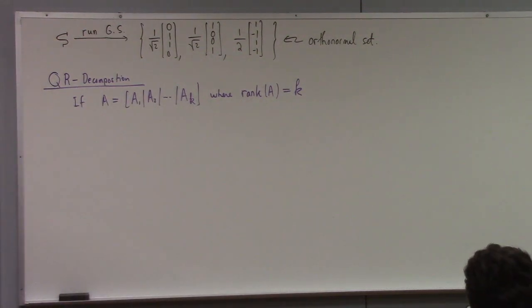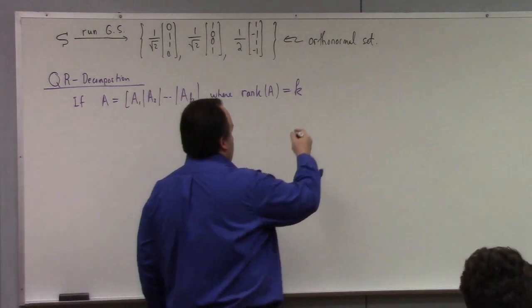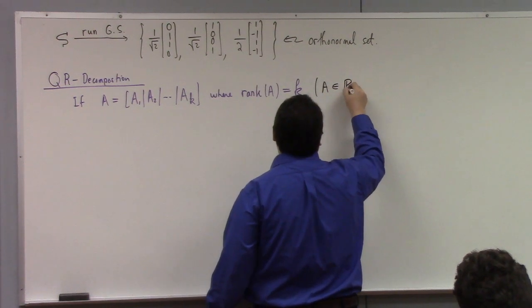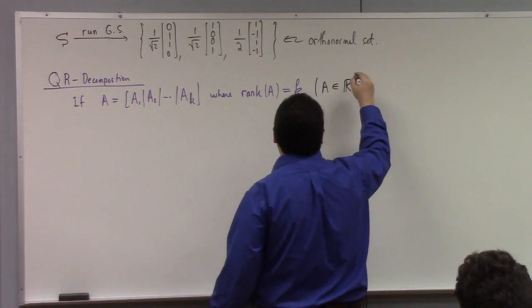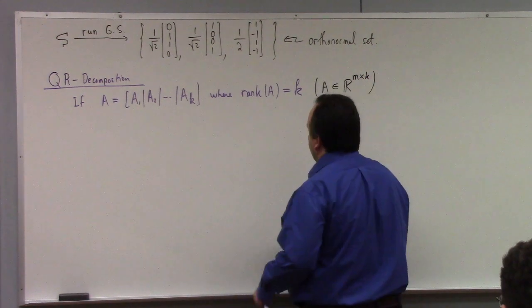That's another way of saying that the columns of A are linearly independent. Okay, so suppose you have K linearly independent columns, right? And, you know, for context, A could be an element of like R M by K. Okay?